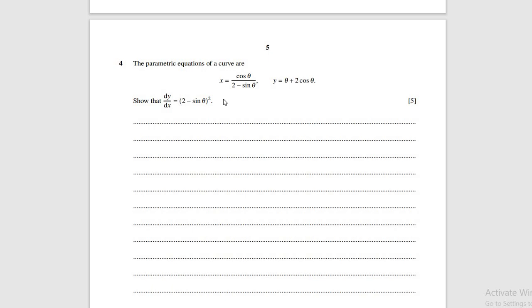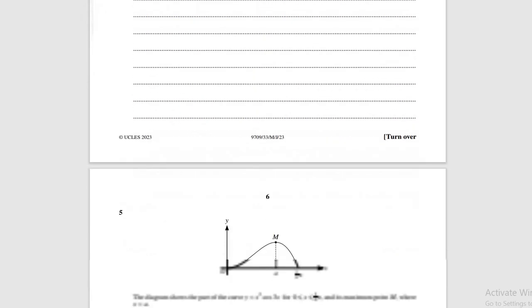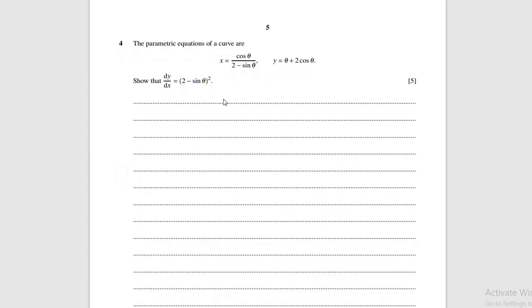Now we have, let me check this first. Actually, it's quite fair. We have x equal cos theta over 2 minus sine theta.